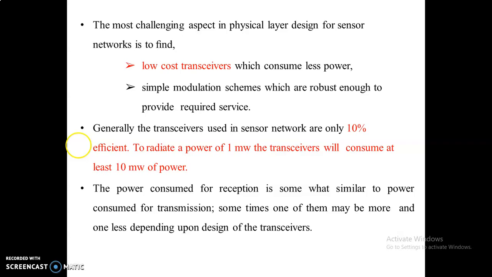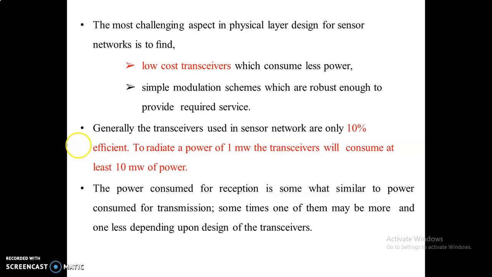Moreover, the most challenging aspect of physical layer design is the low-power transceiver and the modulation scheme. The transceiver used in a sensor network has only about 10% efficiency. Just to radiate a power of 1 milliwatt, it will consume at least 10 milliwatts of power.